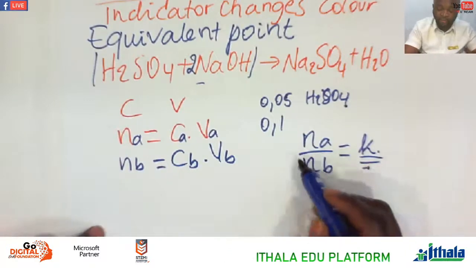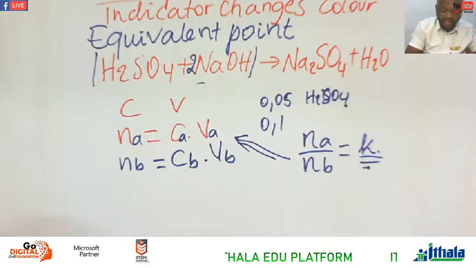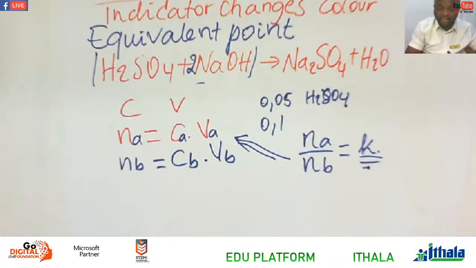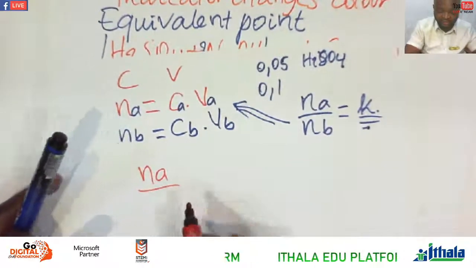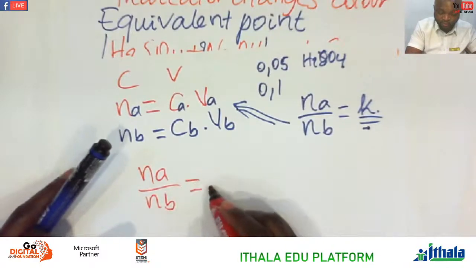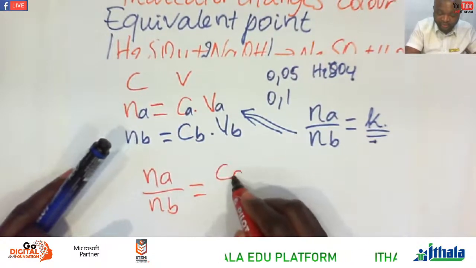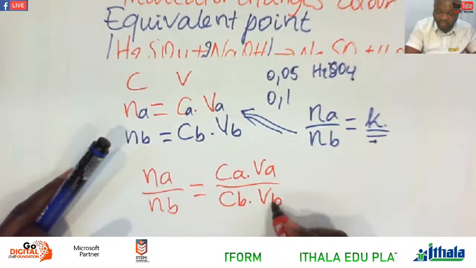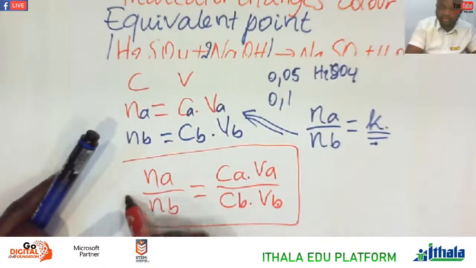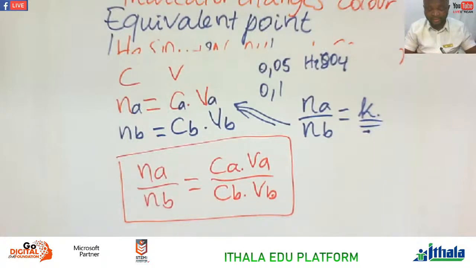So from the equation, the ratio of the number of moles of the acid to the number of moles of the base is Na over Nb, which equals Ca times Va over Cb times Vb. This is the formula you must use when doing titration.